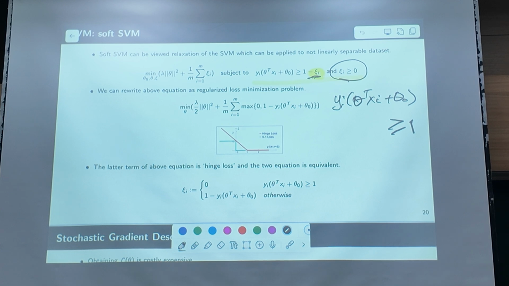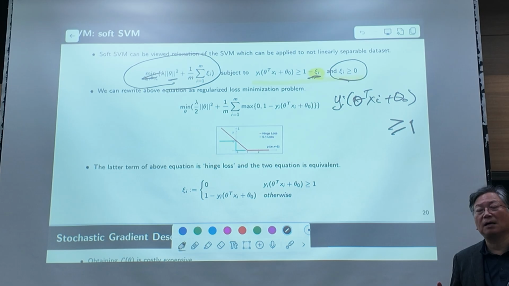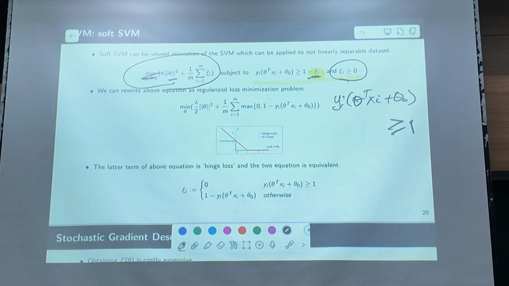And my objective is not just to maximize the margin. Maximizing the margin means minimizing the norm of theta, or theta squared.